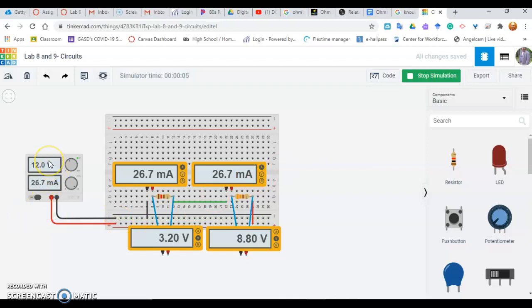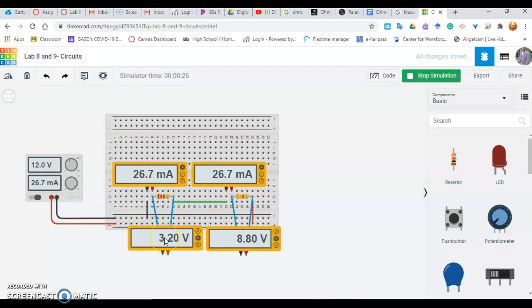When I start this simulation, we are able to prove our calculated values that we saw this week. We have a 12-volt source. Using Ohm's law, we look at our total resistance of 450 ohms. We're able to see the 26.7 milliamps that we calculated right here as our total circuit current. And we're able to prove Kirchhoff's law that current is a constant value throughout by running that current through each of these meters.